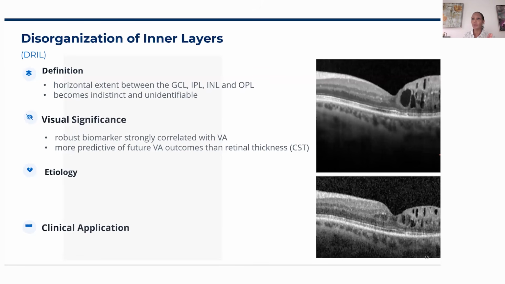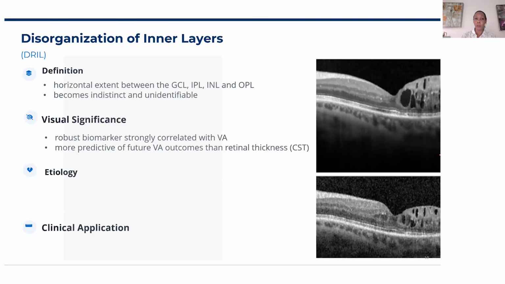So if you have DRIL, disorganization of your inner retinal layers, chances are the visual acuity is not going to be very good. It's also important because it can predict the visual outcome more than the central subfield thickness. So DRIL is much more important as a biomarker than just looking at the thickness of the retina in the central subfield.